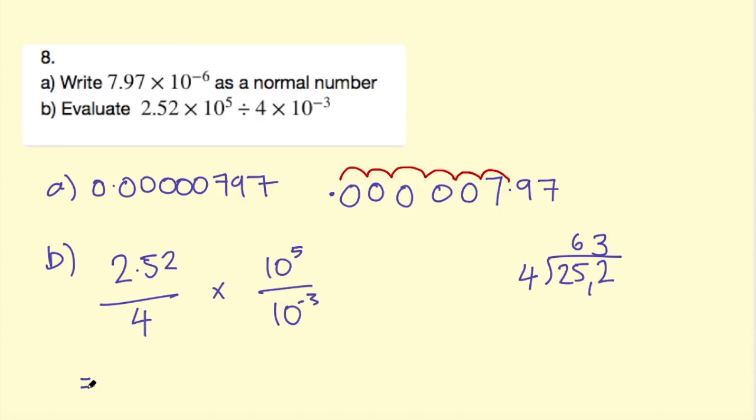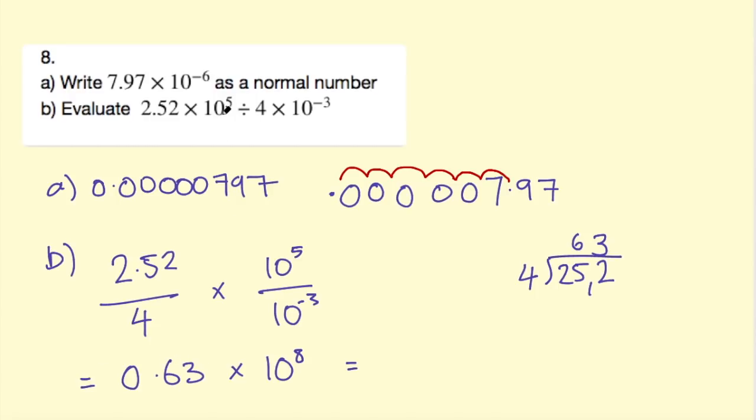Remember I have to divide that by 100, so that would be 0.63. And then when we divide indices, we can subtract the powers, so 5 minus minus 3, that will be 5 plus 3, so that's going to be 10 to the power of 8.